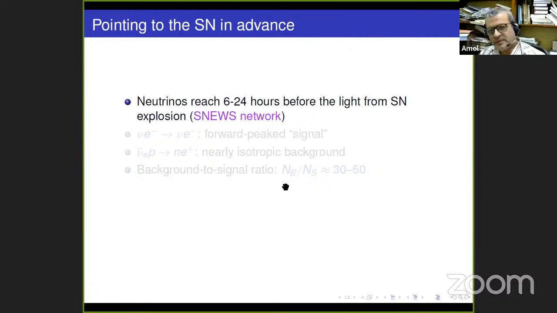Okay, it's of course not just enough to tell people that tomorrow at some point of time a supernova exploded in the sky. It's useful information but not enough. So what one would like to tell people is where the supernova is going to be in the sky. Now our question is, how do we know where the supernova is exploding in the sky? And our answer is, we will know it if we look at this interaction, which is neutrino hitting electron, giving you electron scattering.